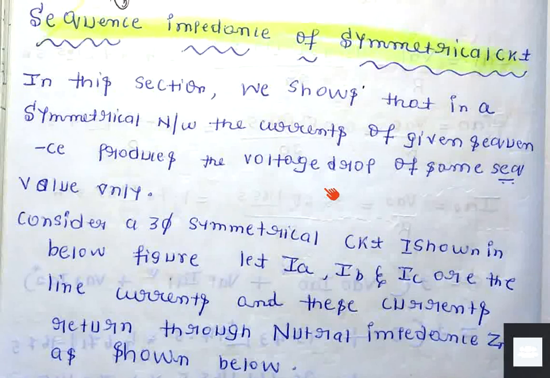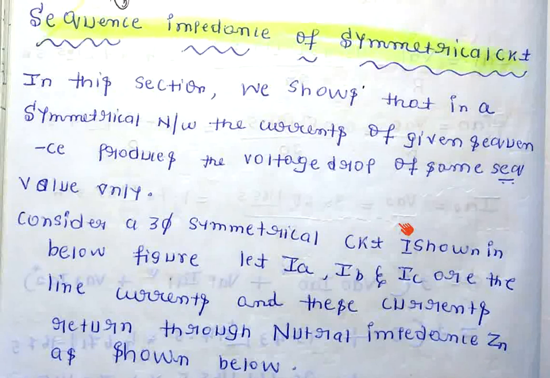Each component has its own impedances. It is not the case that the positive sequence impedance of a transmission line is the same as the positive sequence impedance of a generator. The impedance depends on your current and the windings which you are using.